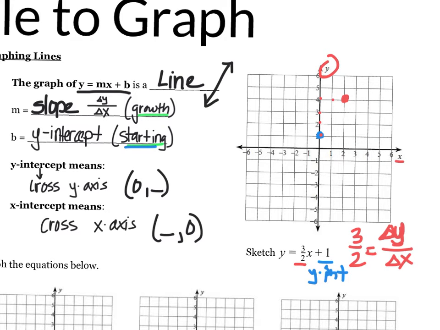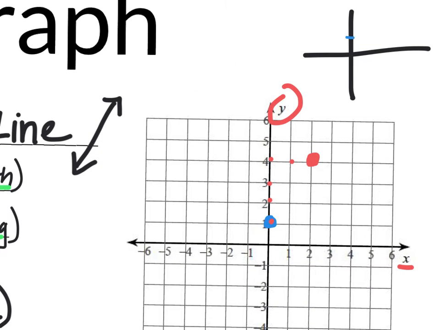And again, if you're using just regular old paper, you would start up at 1, and you could still draw your slope triangle by counting 1, 2, 3, and then going over 1, 2, and then you'd have your new point. That's how you could make a quick sketch. So you have your first point at 1, and your next point there, and guess what?